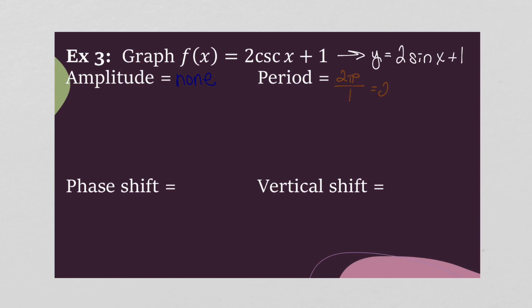So our period is 2 pi. What's the phase shift? Well, the phase shift would be c over b. C is 0, b is 1. So no phase shift. And then there is a vertical shift we put here, and it is up 1.